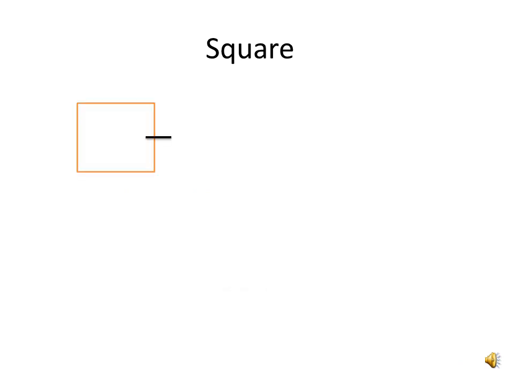Square. Notice on a square, all sides are congruent. If all sides are congruent, therefore opposite sides are congruent.